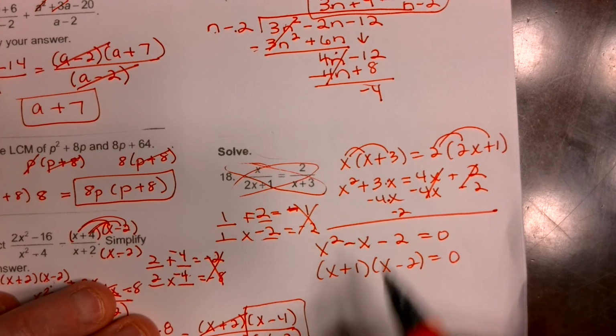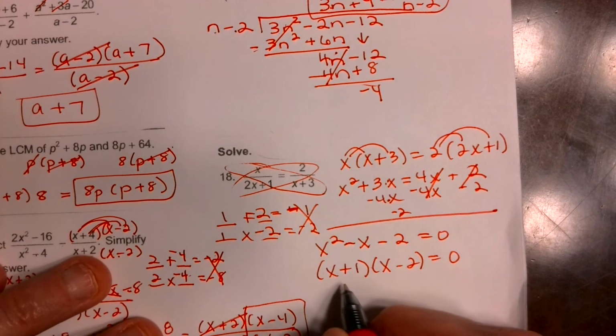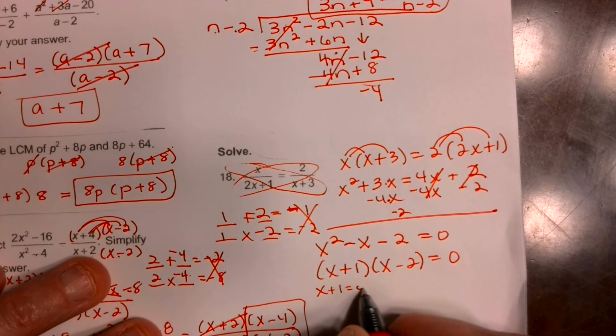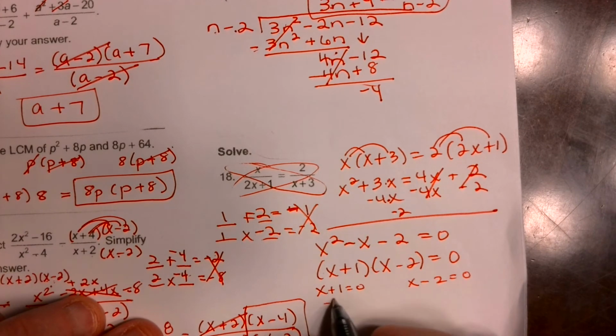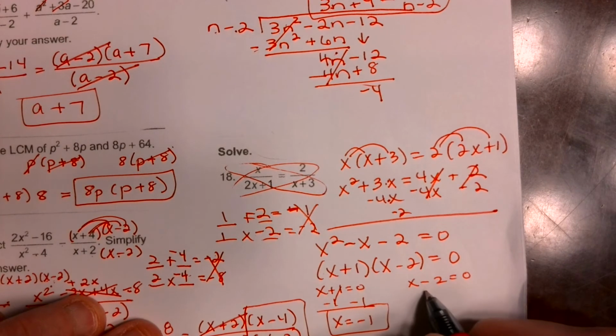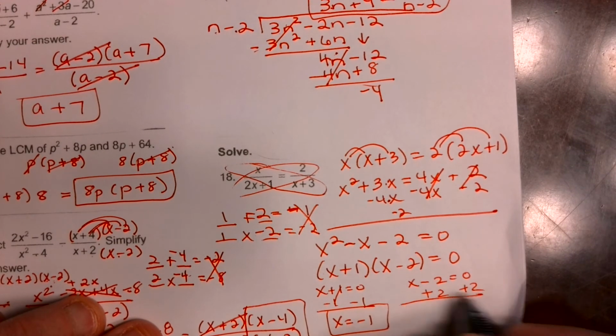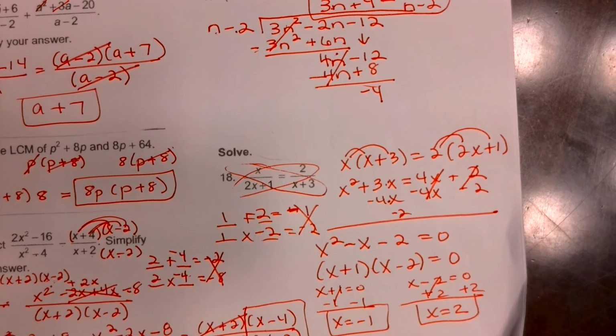Zero properties, the zero property states that if this equals 0, one of these two has to be 0. So either this one is equal to 0 or this one is equal to 0. And when you solve those, which a lot of you, again, you can do that in your head if you're able. Negative 1 and 2, those are your answers.